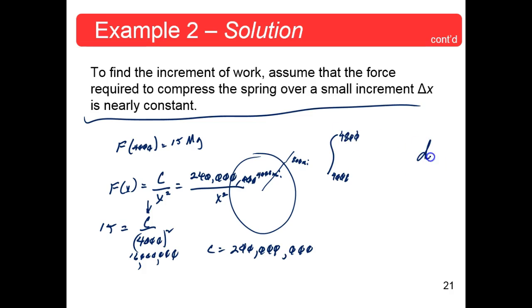And now your dx is in miles, by the way, which is really strange. Let me put million, so I don't have to write all that out, 240 million times 1 over x squared dx.